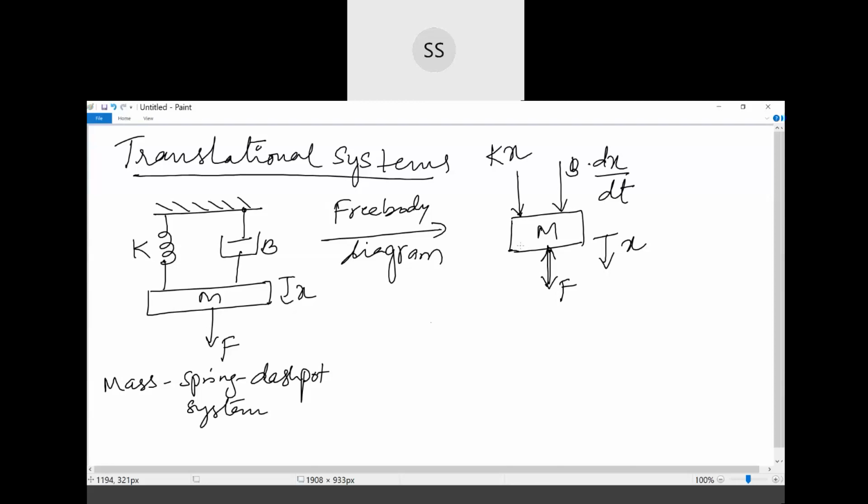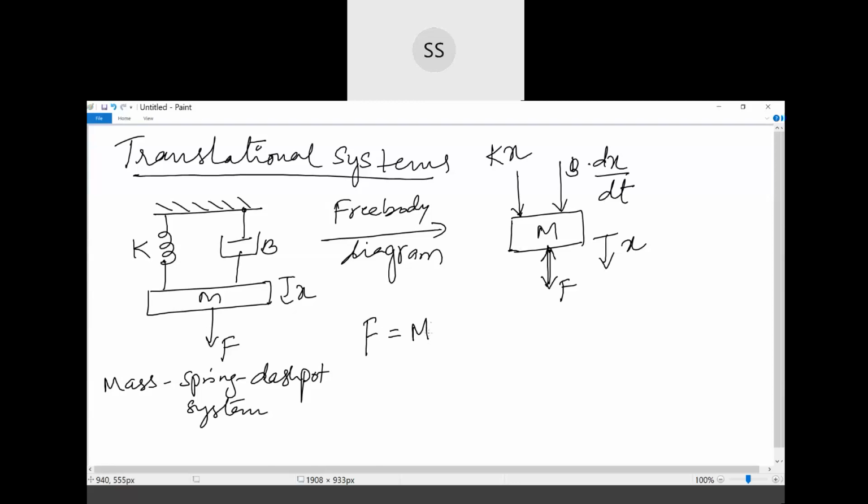Now once the free body diagram is drawn, it is possible to further write the equation for this system using Newton's laws of motion, which is called the force equation. For such a translational system consisting of one mass element, one spring and one dashpot element where force F is applied and there is a single displacement x, the force equation is given by F is equal to, the first element is mass.